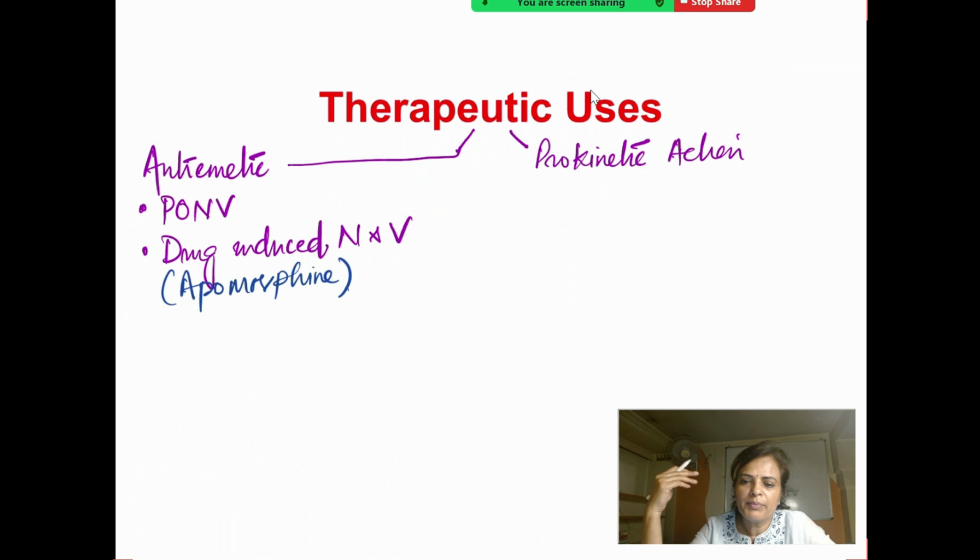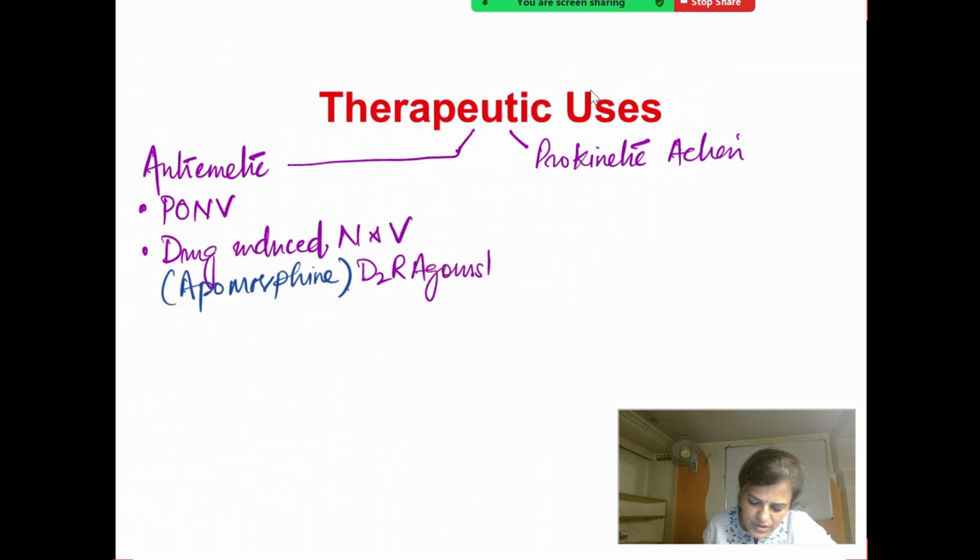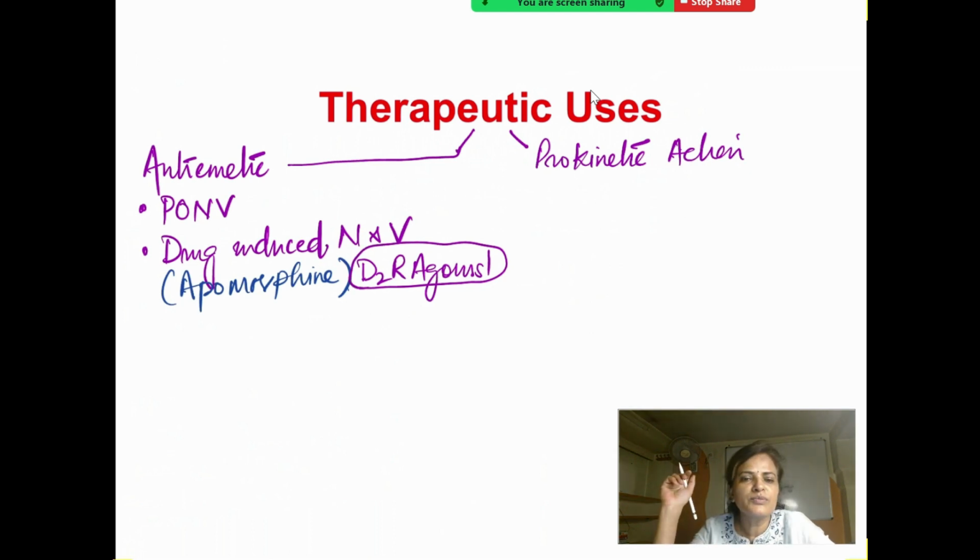Now how does apomorphine induce vomiting? This is a D2 receptor agonist. So it acts on the CTZ, where it stimulates the D2 receptor, and that chemoreceptor trigger zone further sends emetogenic impulses to the vomiting center, the vomiting reflex is initiated, and the person vomits.